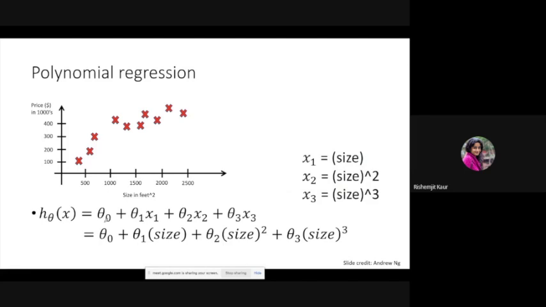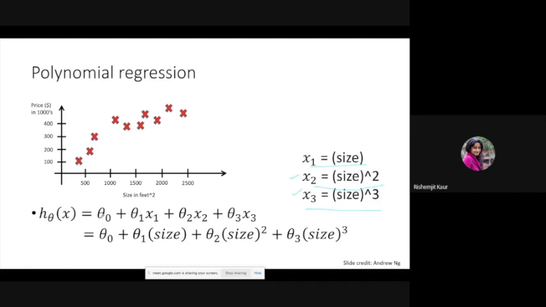Now what I want to show you here is that sometimes, instead of just using features like x1, x2, x3, we can create more features. Like I showed you one example where we divided the total number of bedrooms by the total number of households. Now this is another example where, let's say, my feature is x1. I can also take the square of it, as well as its cube, and create new features out of it, and then treat them in the same way as any new feature.